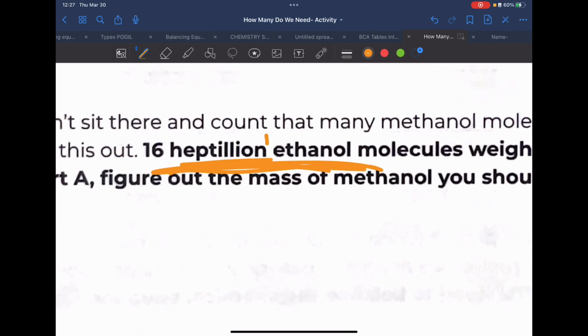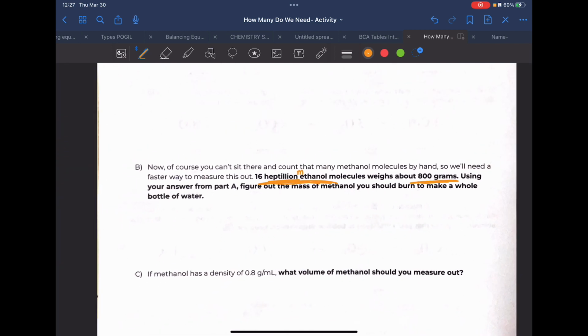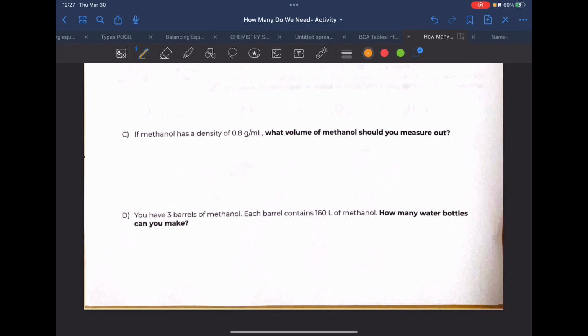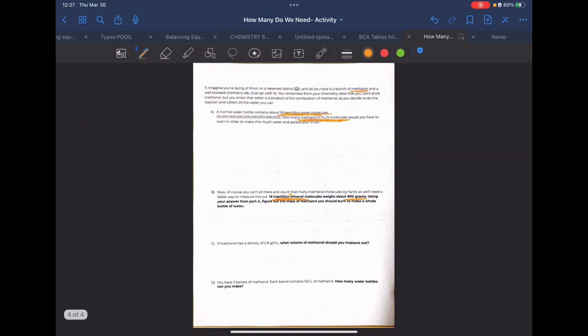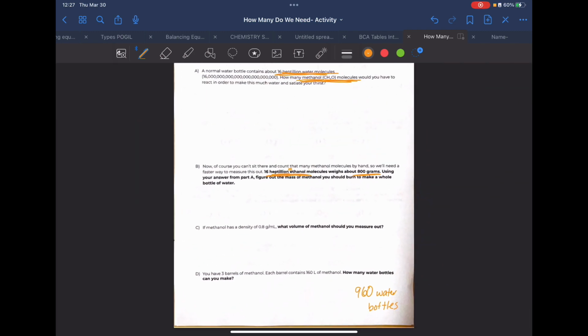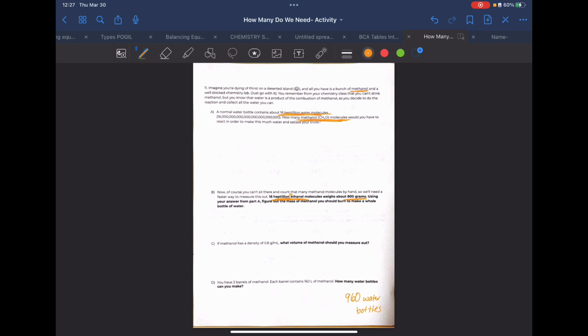That should be methanol, not ethanol. And then there's a density question and so on. So if you do all the math, I think it comes out to 960 water bottles. So if you can get that answer, then you're in good shape. That's just a fun question, though. You don't have to do that. Nothing like that's going to be on the test or the quiz.